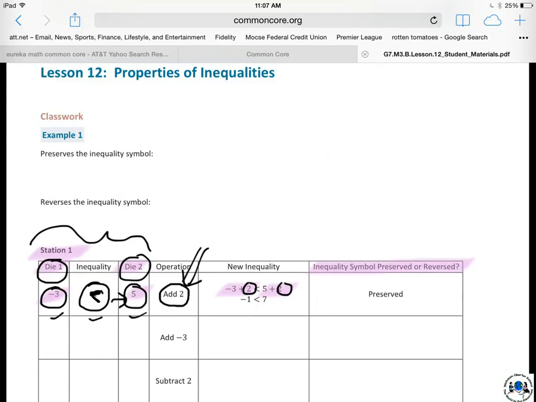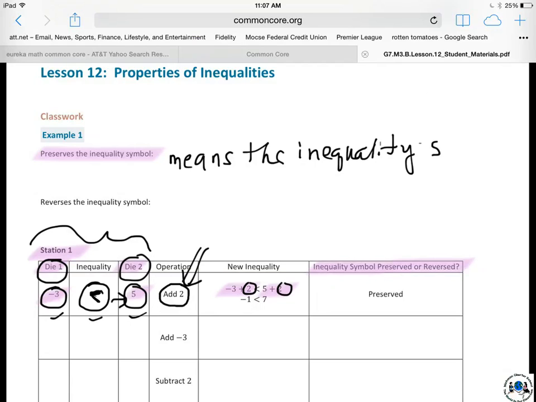So it says, to preserve the inequality symbol, just write this in, means the inequality symbol stays the same. Let's look at this example and see what we're talking about here.